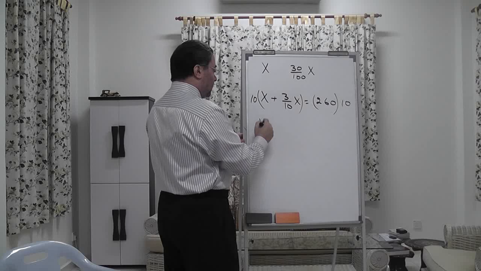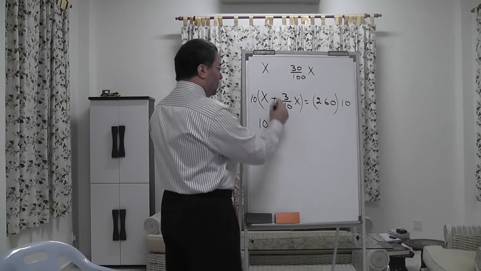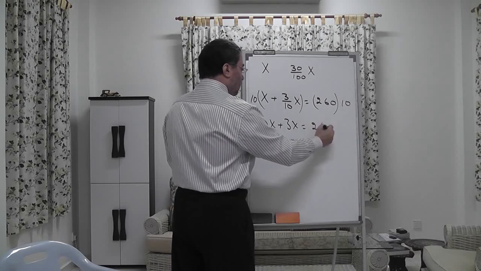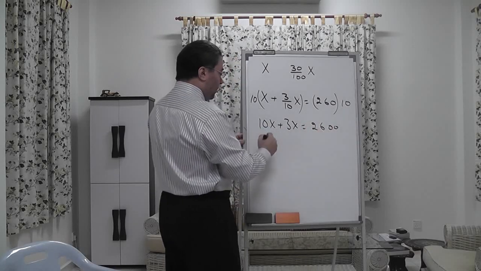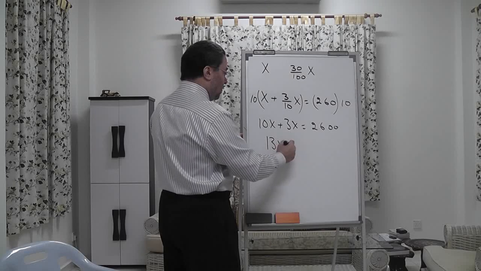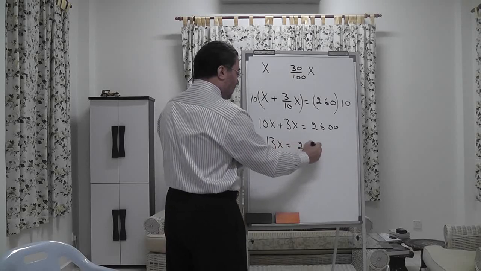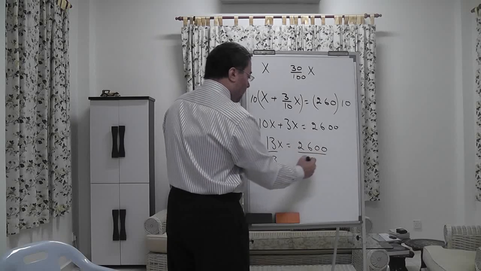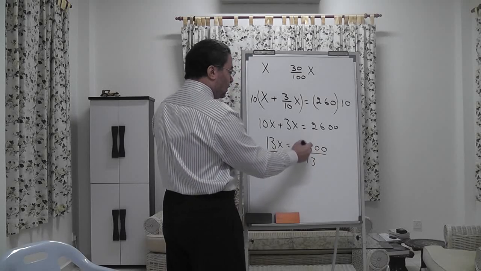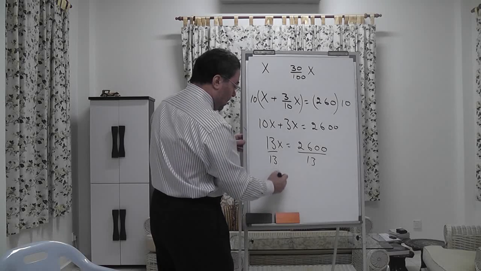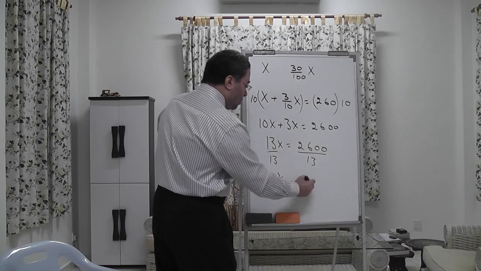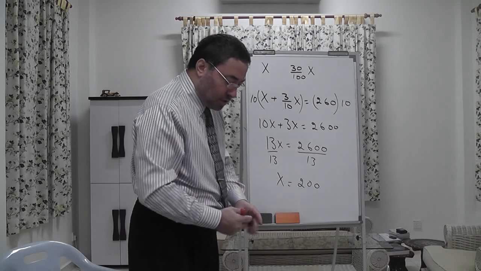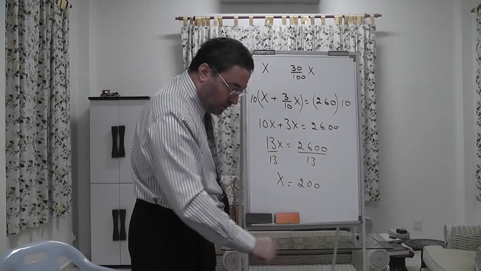And we get 10x plus 3x equals to 2600. 13x equals to 2600. We divide both sides by 13, and we can see 26 is double the 300, so x equals to 200. And that's the dealer's price for the camera.